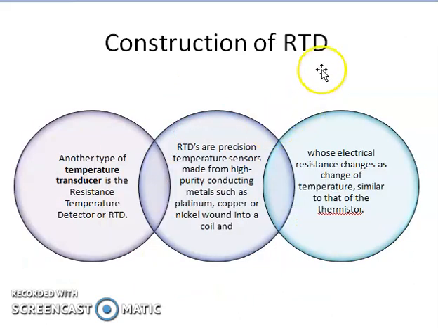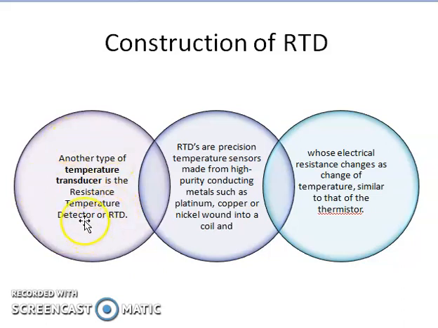Now, coming to the construction of RTD, another type of temperature transducer. That is, it is the example of non-contact type temperature transducer. Here the resistance of temperature decreases with increasing temperature.